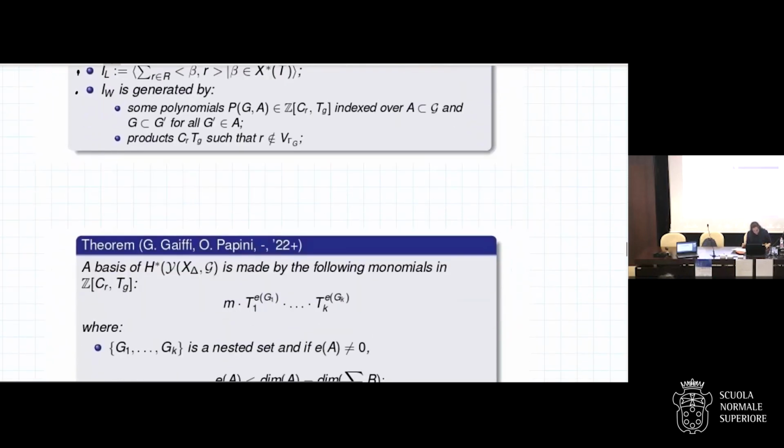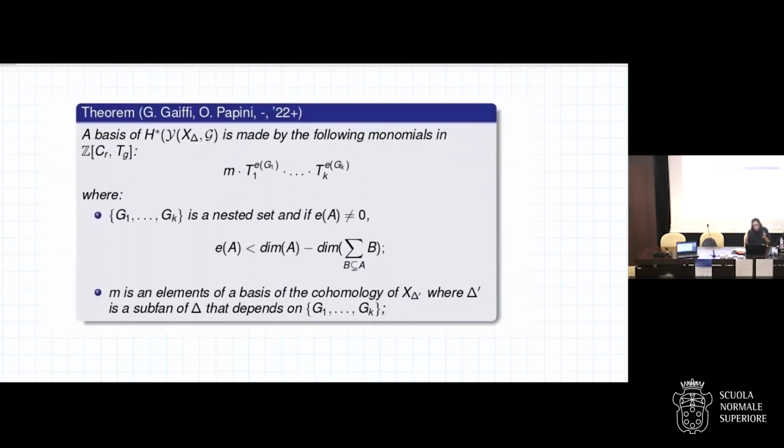What we did together with Oscar and Giovanni was extending the result we had for the description of the monomial basis for the cohomology in the hyperplane case, and extend it to this toric case. So what we have here is a description of some monomials that are actually a basis for this cohomology ring. These monomials are the product of two different monomials.